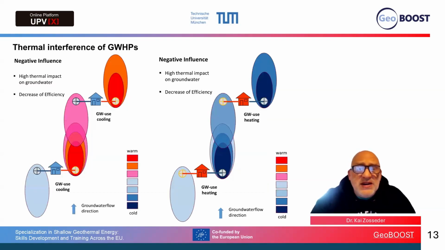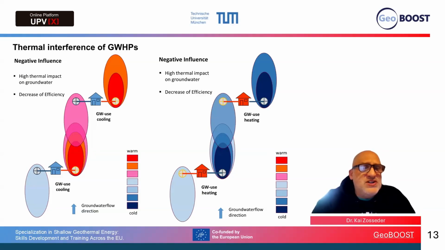So of course, if you have different systems using the groundwater, you can have a thermal interference of groundwater heat pump systems if they are installed in the groundwater flow direction. So you can have a negative influence here. For example, if you have the groundwater use for cooling upstream, and then you inject back warmer water.